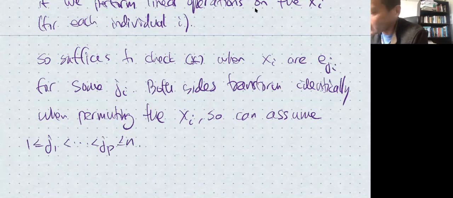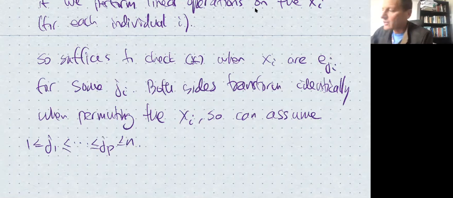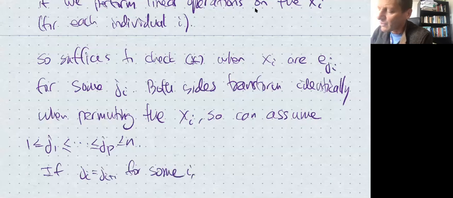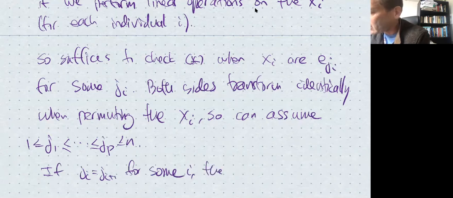And now we have to distinguish, or maybe I should put a less than or equal here. We can always permute things until we land in this kind of situation. And now there are several cases. If j_i equals j_{i+1} for some i, in other words, if there's repetition in this multi-index, then the left-hand side of star is 0.